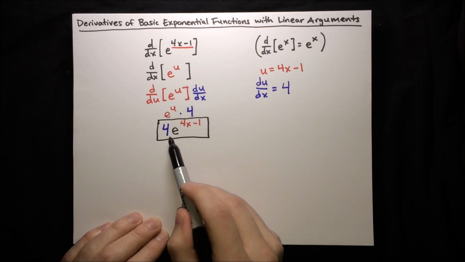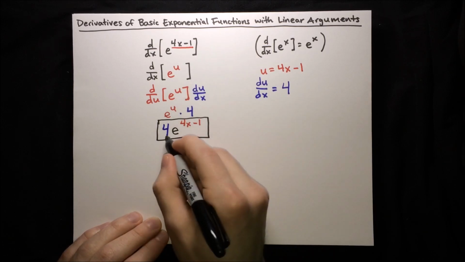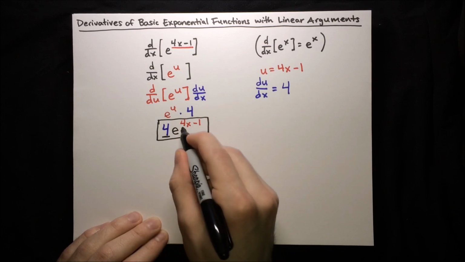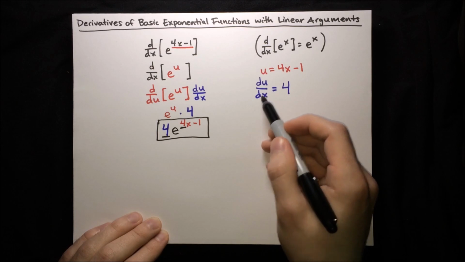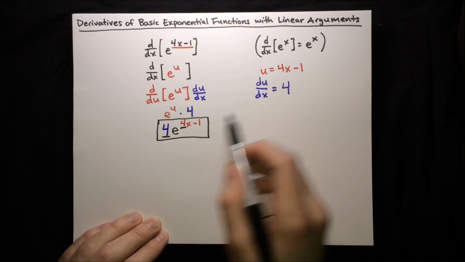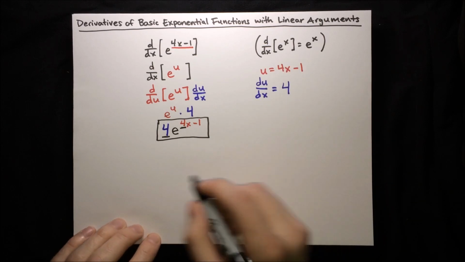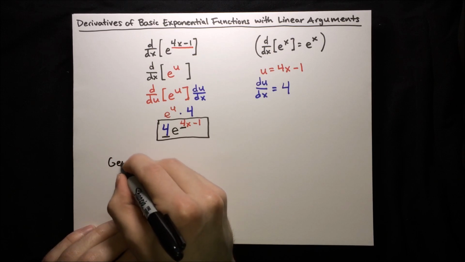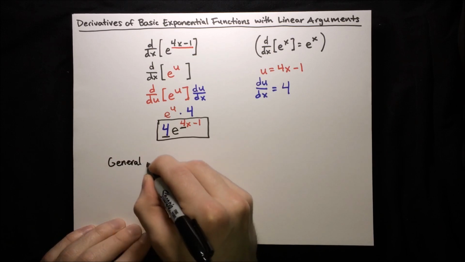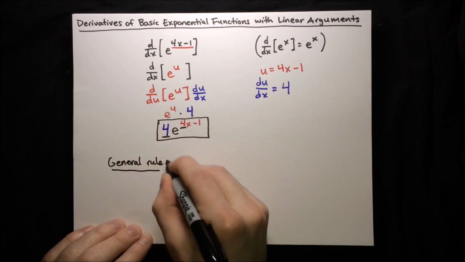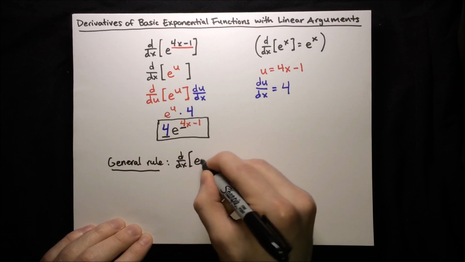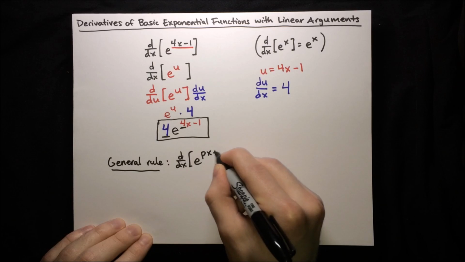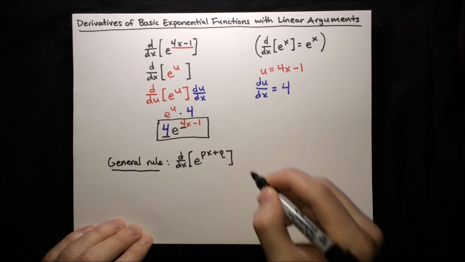So if you look closely, you'll see that this 4 in front really just came from this 4 in front of the x here. We just took the derivative and found that the derivative of the linear expression was 4. And that leads us to a kind of general rule for finding the derivative of an expression e to the px plus q, where p and q are constants.